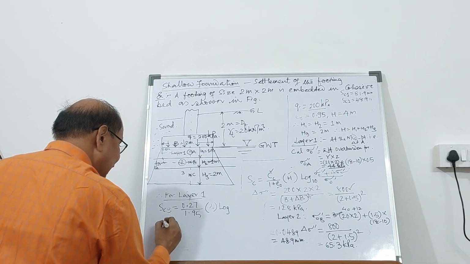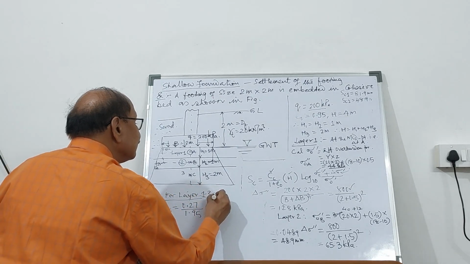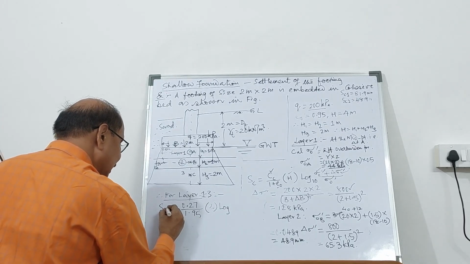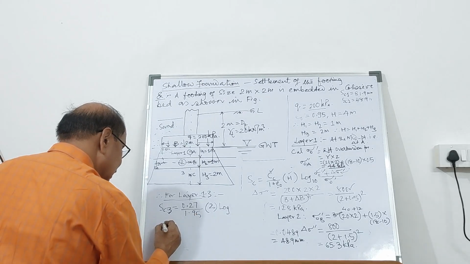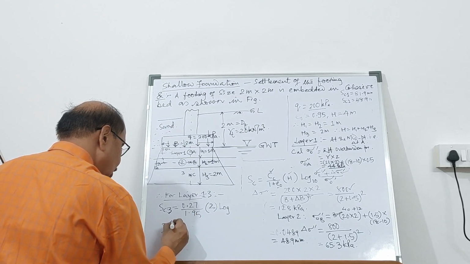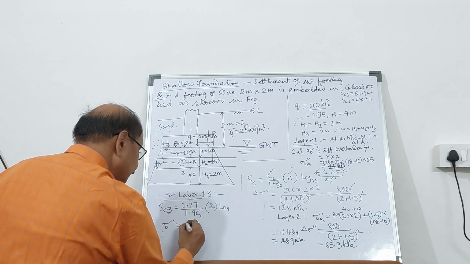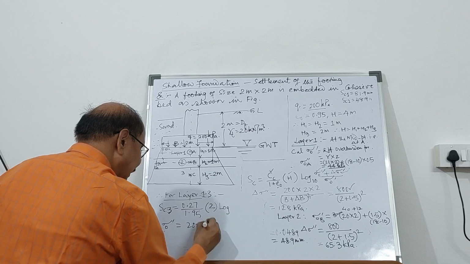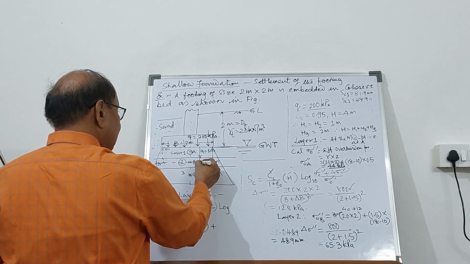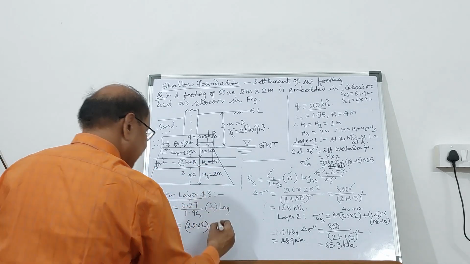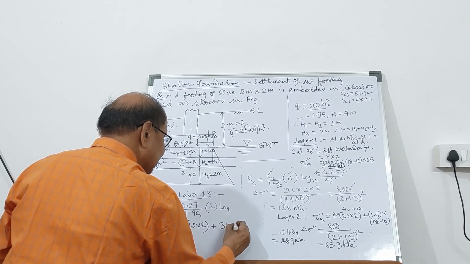For layer 3, the effective sigma naught prime will be 20 into 2, that is 40, plus 3 meter multiplied by 18 minus 10, that is 8.